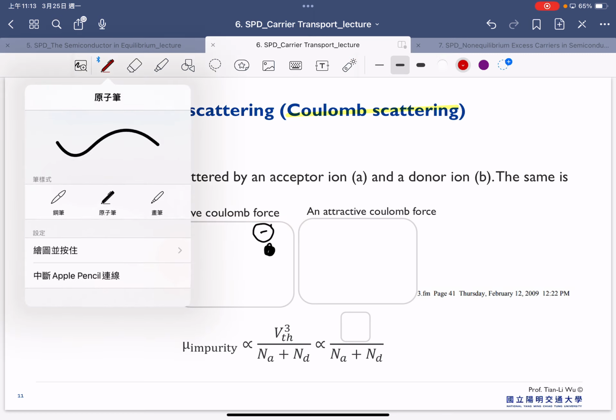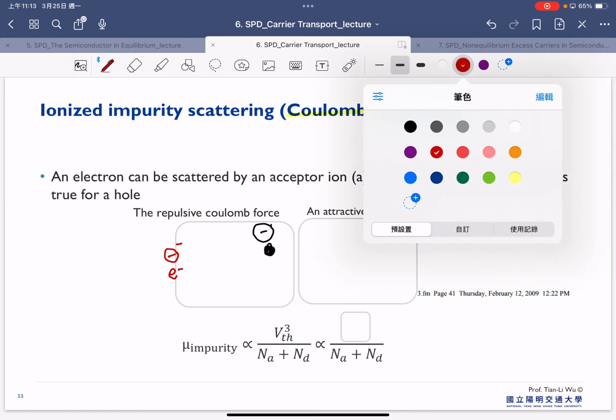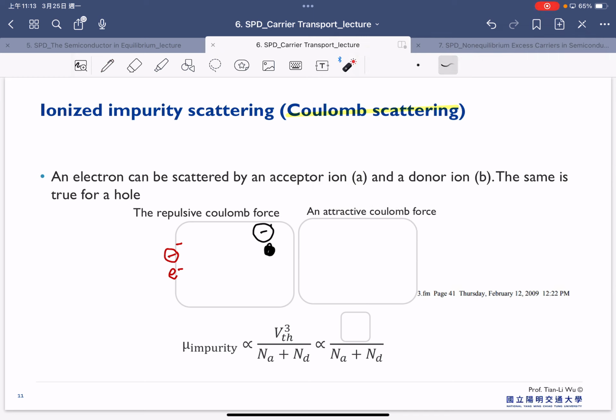That means this negative charge will change the moving direction of the electron. Therefore, it will go this way. So that's scattering. That's what we call Coulomb scattering.